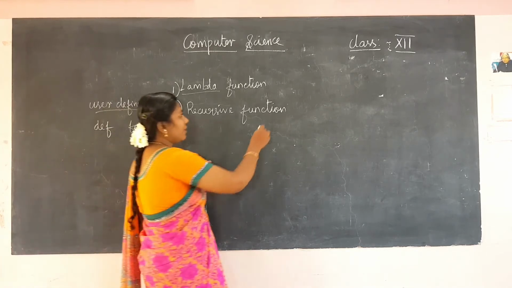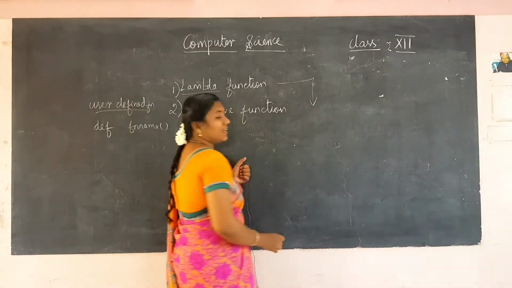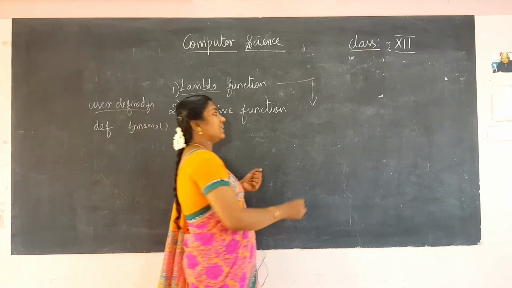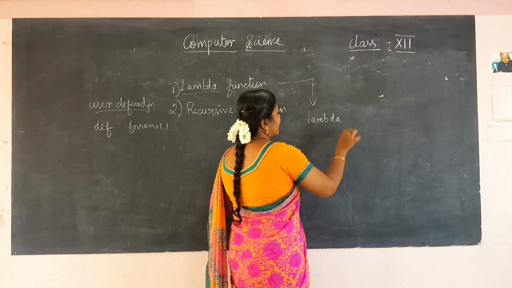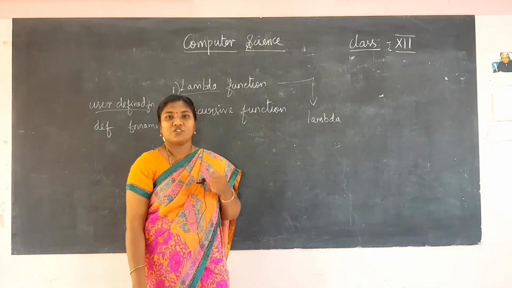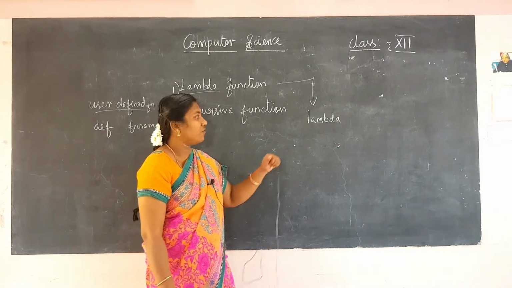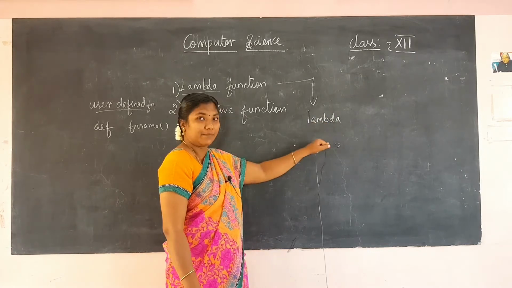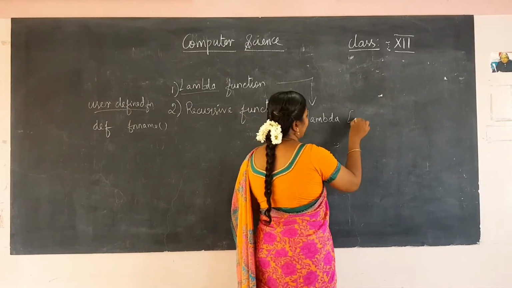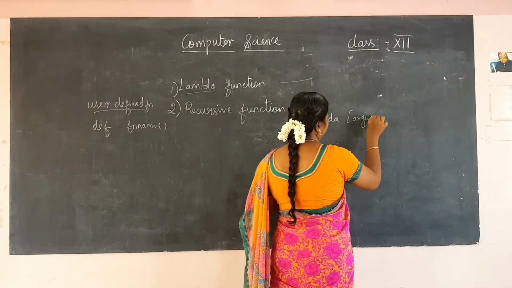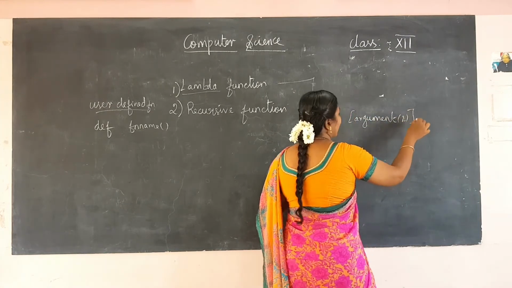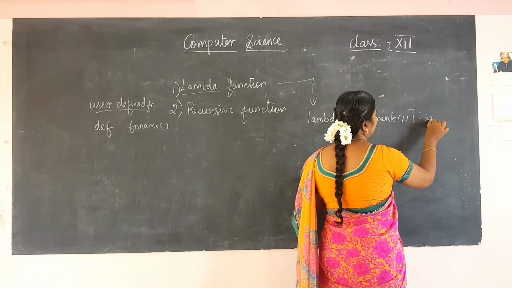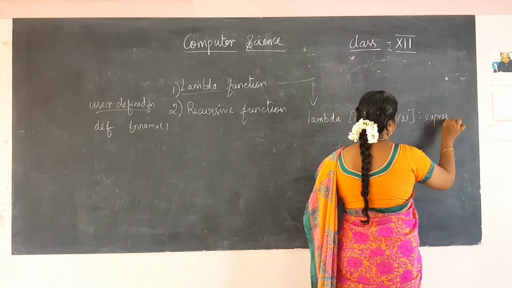But for the lambda function, you will not be using the keyword def. Instead, you will be using the keyword lambda. For the lambda or anonymous function, the keyword is lambda, then you have the argument, you can have one argument or more than one, then a colon symbol, and then comes the expression.